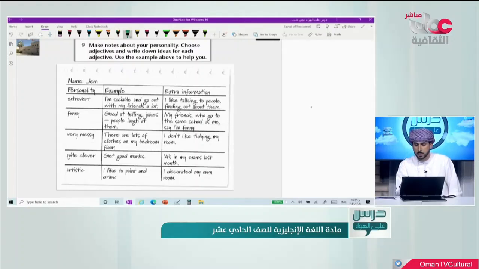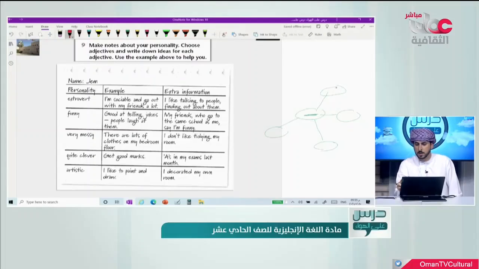You can, for example, do like this. Do a circle here, write the topic that you want to write about. Here you can write about one adjective, then the second adjective, then the third adjective. It depends on how many adjectives or how many features you want to talk about yourself. Let's say that we want to talk about, for example, four adjectives. Let's change the color here.